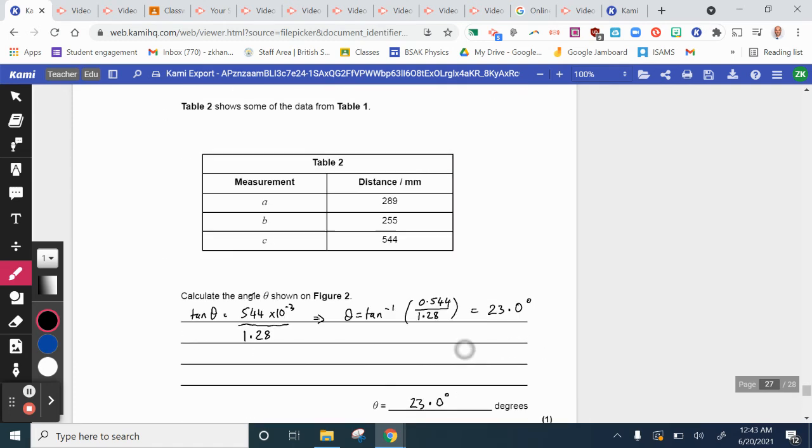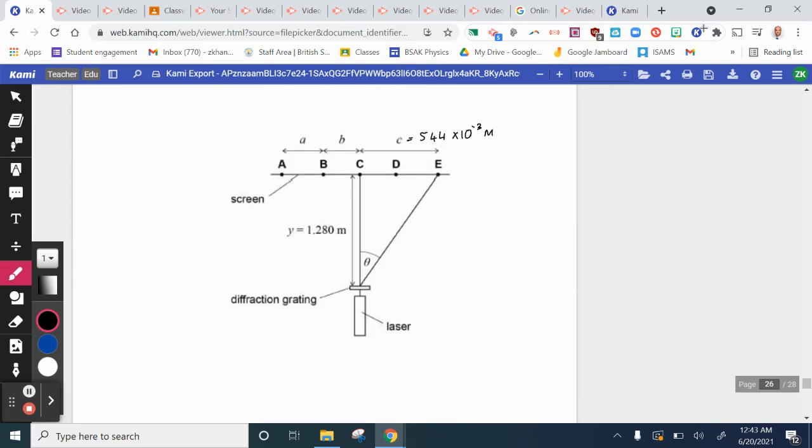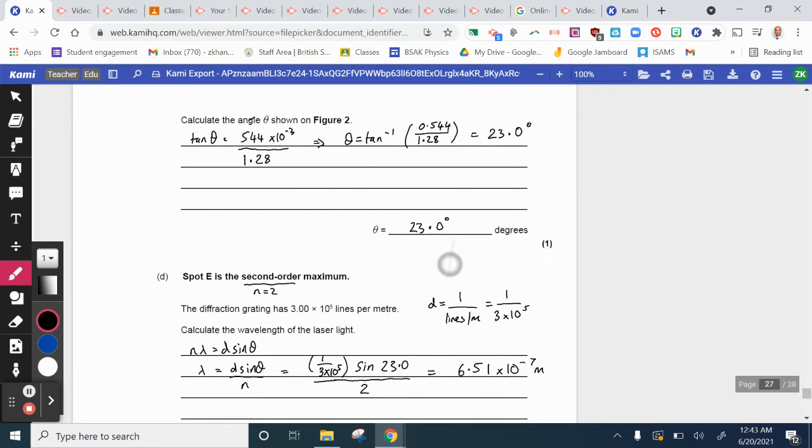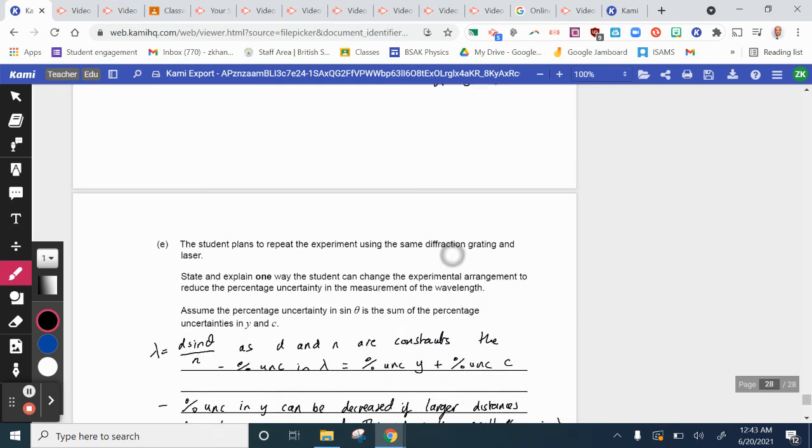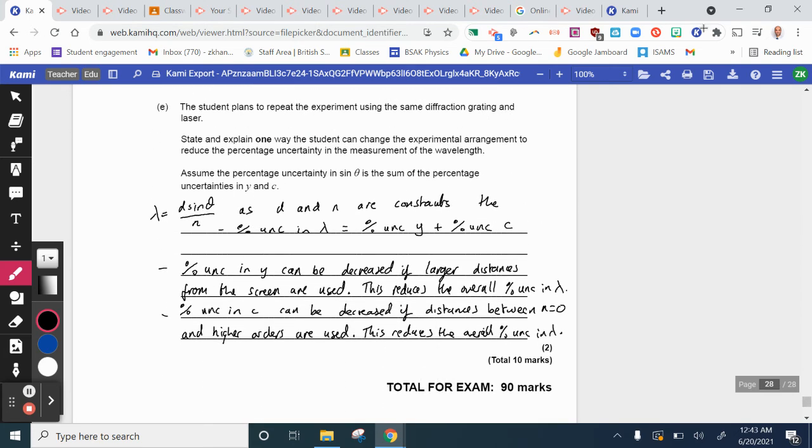So then we are looking at y and c. And we've just been told that the uncertainty on sine theta is the sum of the uncertainties in y and c.